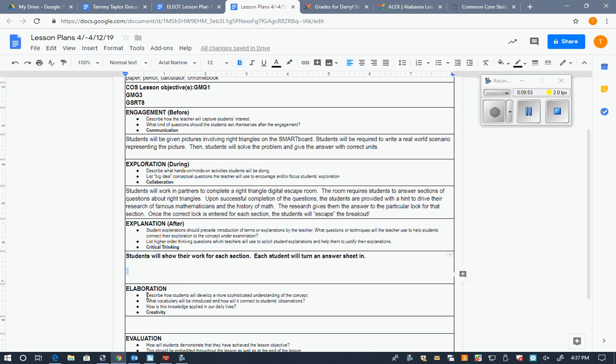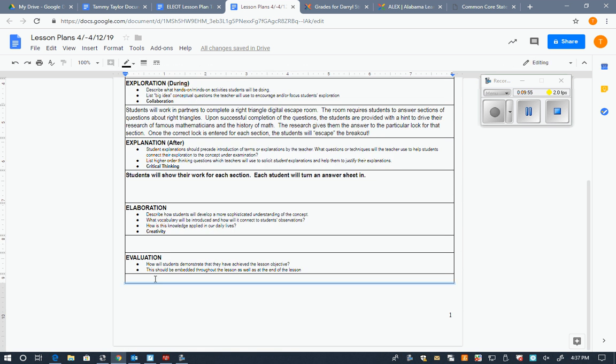And then how am I going to evaluate my students down here is that they will be required to turn in their answer keys with their work shown. This will allow me to formatively assess them, and I will have to recommend problems for them to practice if they do not have their understanding.